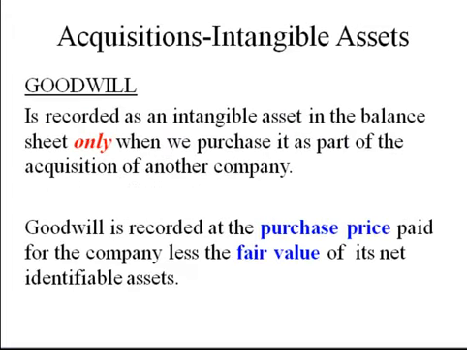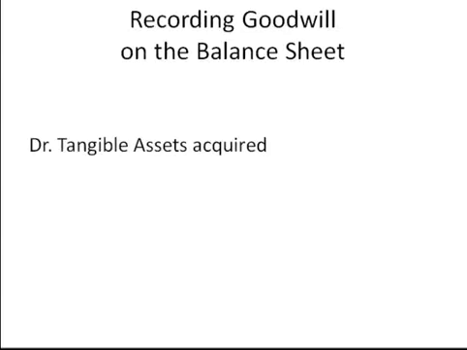It is recorded on the balance sheet only when the company is purchased as part of an acquisition. In the case of an acquisition, goodwill is recorded at the purchase price paid for the company less the fair value of its identifiable assets.